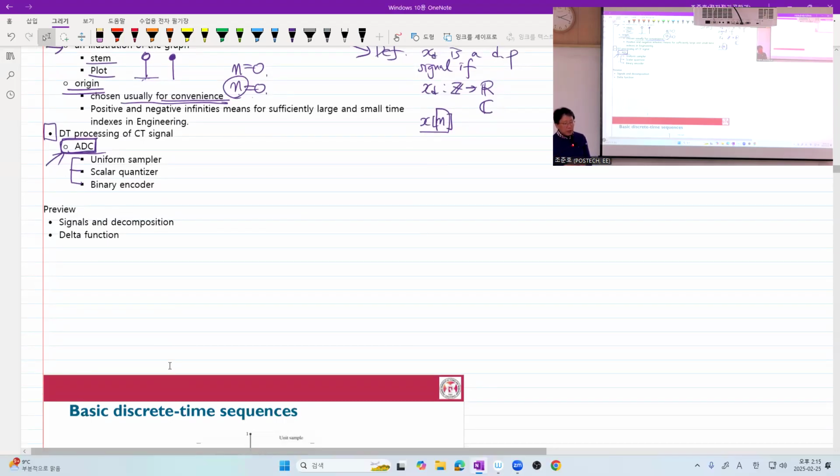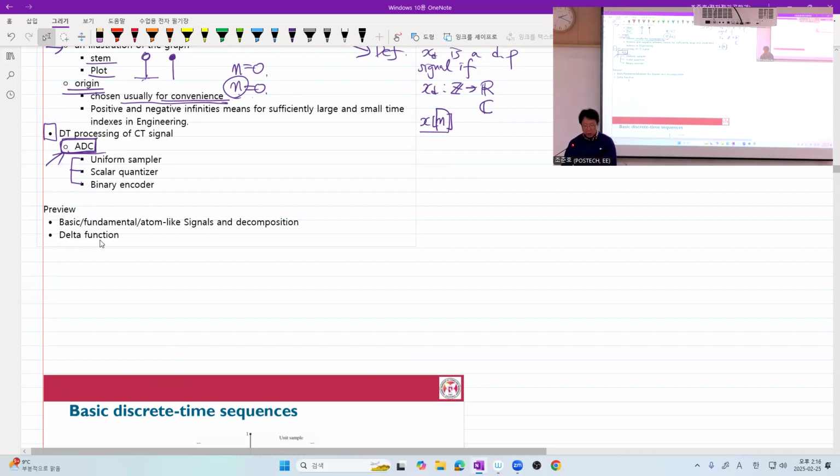So here goes the signals and systems review, especially for digital signals. First, we will see some basic or fundamental signals, or kind of atom-like signals.